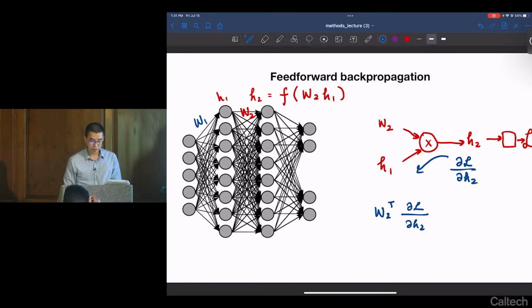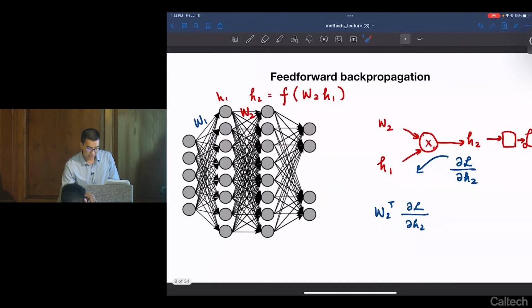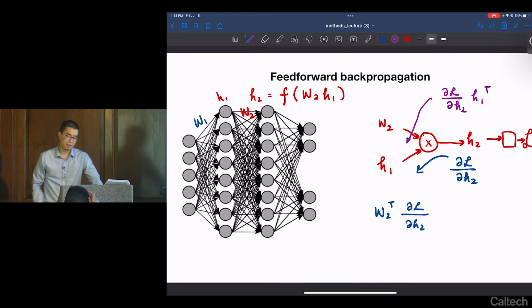Okay. And again, this is just the multivariate generalization of this rule that we did here. If I backpropagate to W2, let me do this one in a different color. The derivative here is going to be dL/dH2 times the value on the other wire, in this case H1, and it's going to be H1 transpose. Okay.